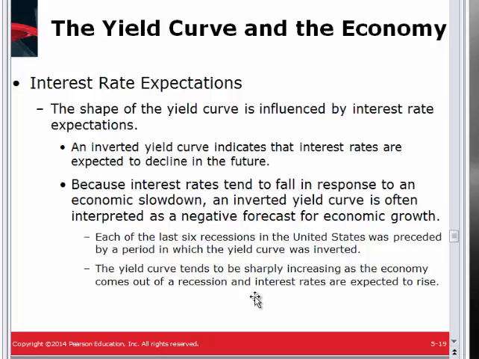Now, normally we expect the yield curve to be an upward sloping curve. That is, interest rates are expected to increase over the long term rather than in the short term. Occasionally we will find inverted yield curves, but in general, we would expect things to be flat to slightly upward sloping.